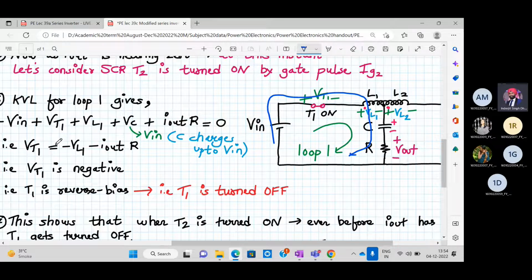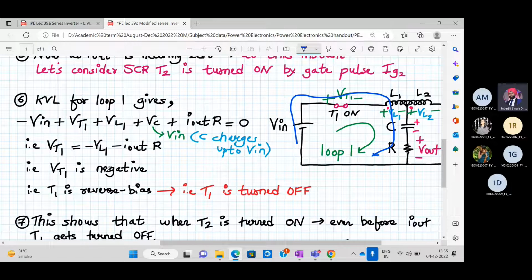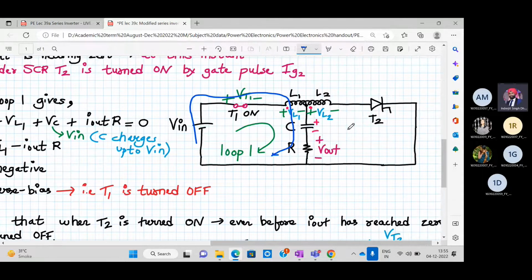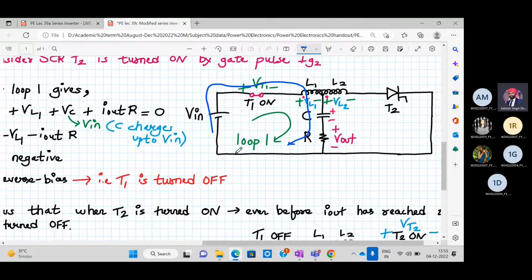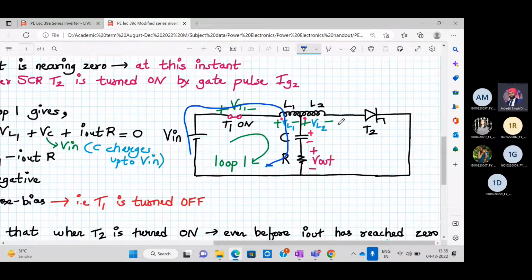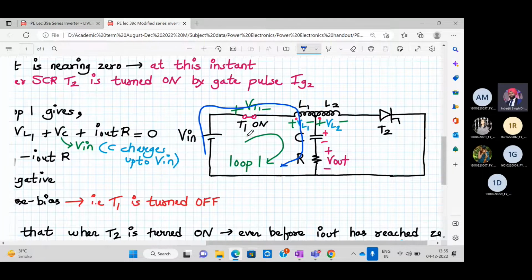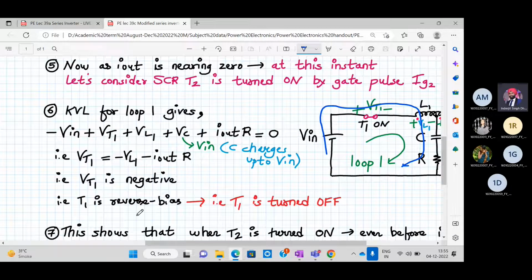So VT1 will be equal to minus VL1 minus I out into R. From here it is clearly visible that your VT1 is negative. It has been reverse biased and therefore it turns off. So by turning on T2, T1 automatically turns off because of the voltage across it. As soon as you turn on T2, there is no danger that T1 remains on. It will turn off immediately because VT1 is highly negative, which reverse biases the T1 SCR and turns it off.